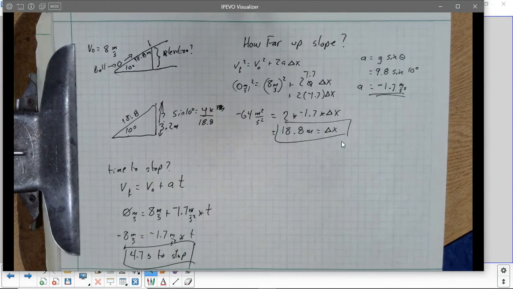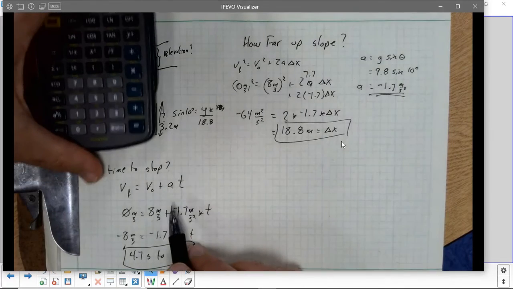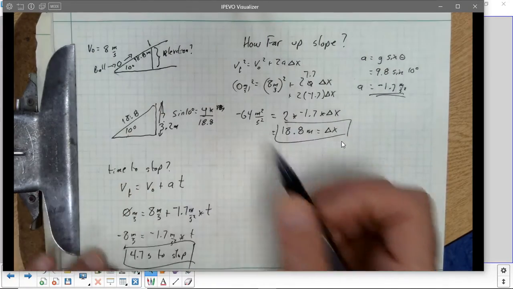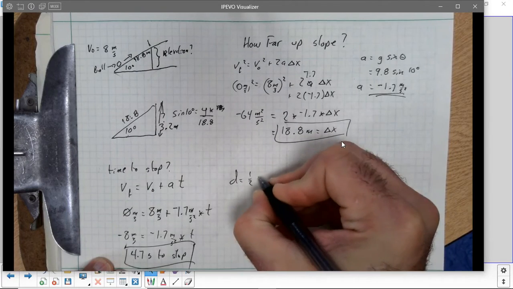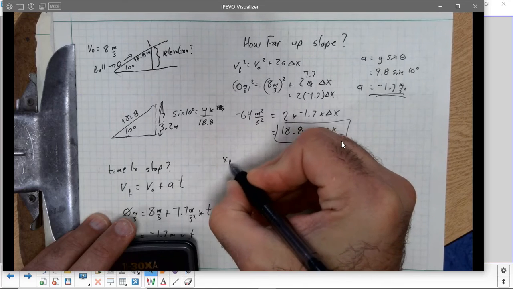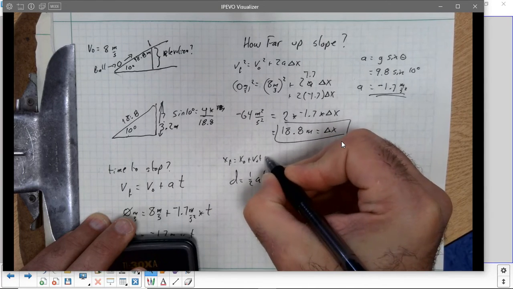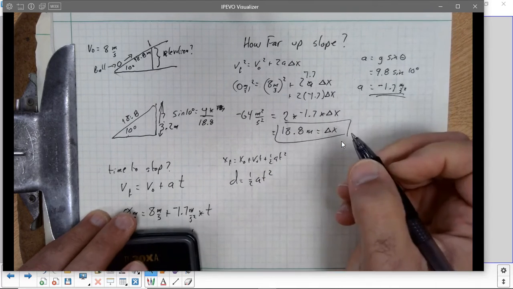All right. Now, there's another way to find how long it takes to stop. We did figure out this distance, the 18.8 meters. So we can also do d equals 1/2 at squared. This comes from the big ugly one, x final equals x naught plus v naught t plus 1/2 at squared.